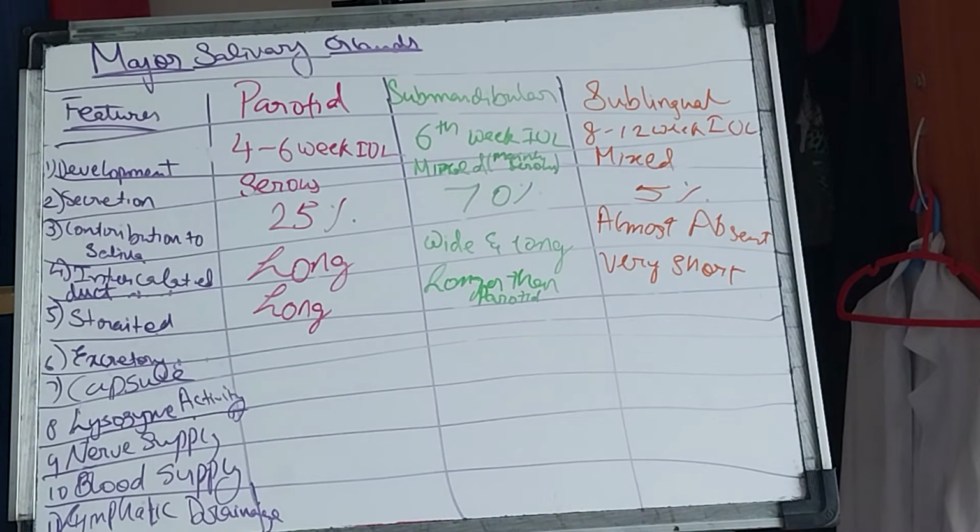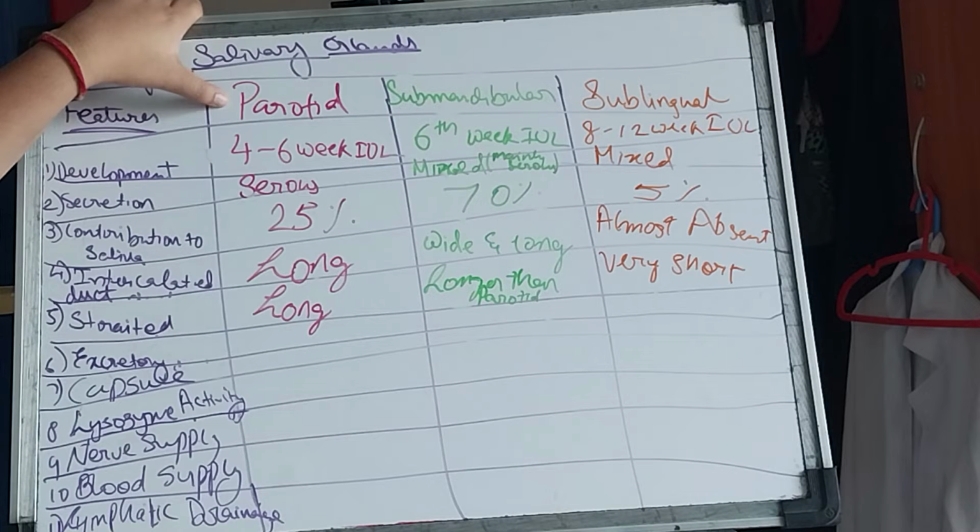Because if you know the individual locations, the parotid gland is located below the ear, that is the external acoustic meatus, and between the border of the ramus of the mandible and the sternocleidomastoid muscle. You should see the diagram, but basically the parotid gland is situated somewhere there.